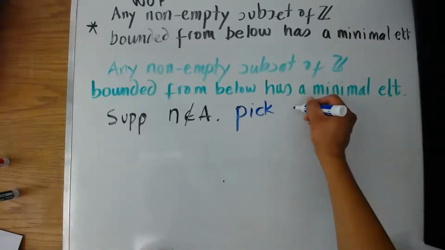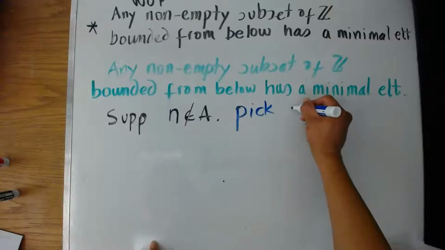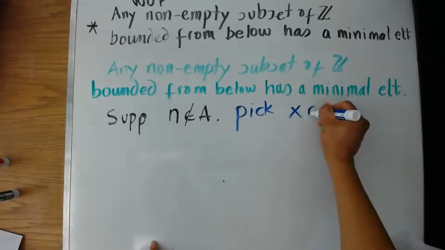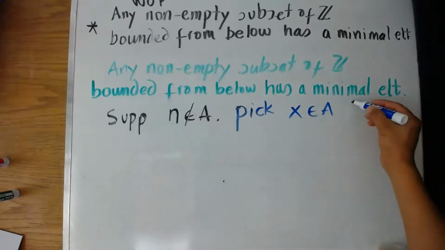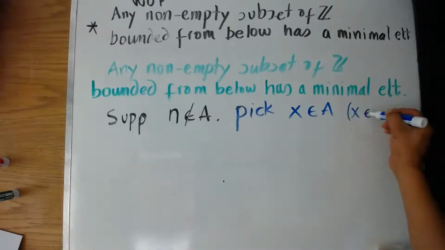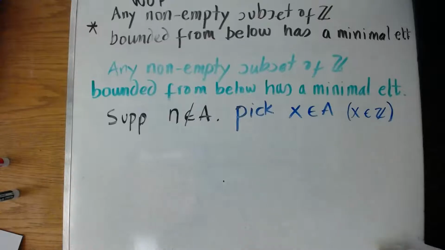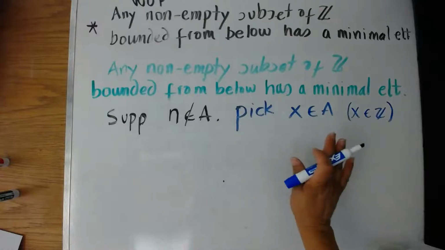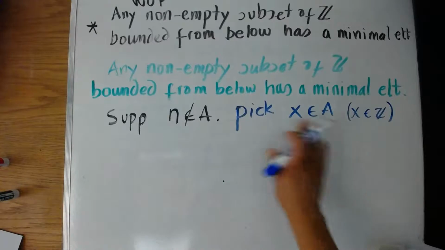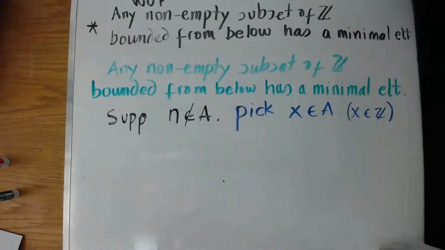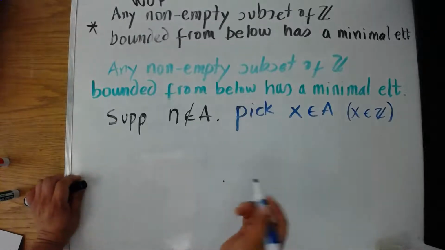Let's call it x in A. Now, x is some integer in A. So here, let's remember that x is also an integer. Now, here's what I need. I need to show that either x is the minimal element or something near x is a minimal element.